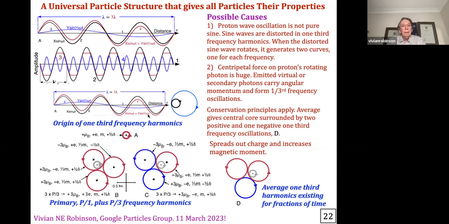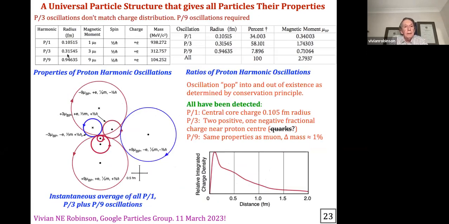Now, here's a quick indication of the different properties of the primary P/3 and P/9. The thing about P/9, as the frequency diminishes, the radius increases and the magnetic moment increases.